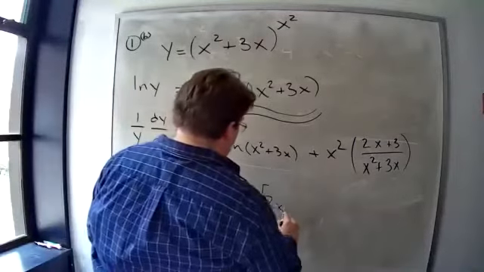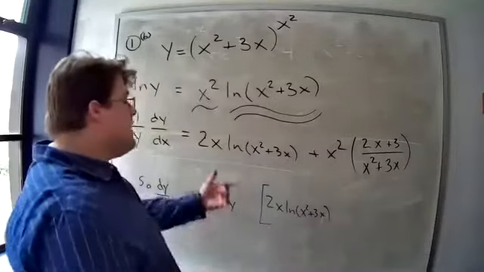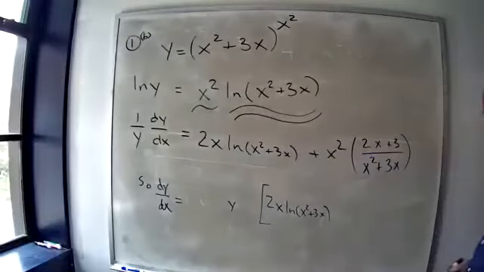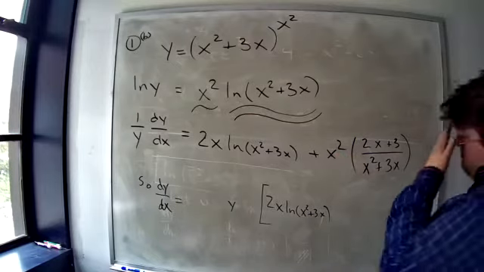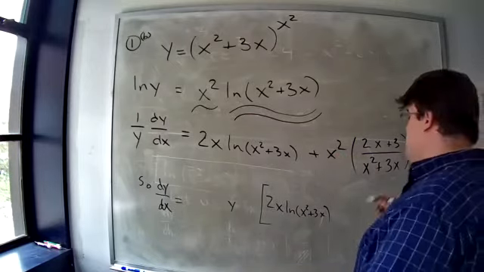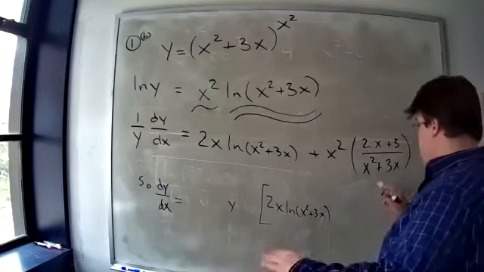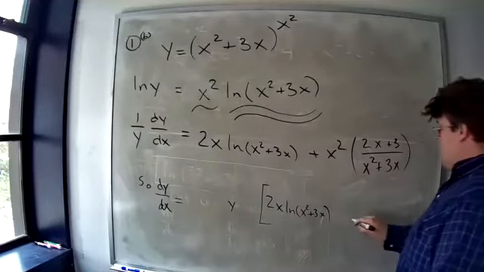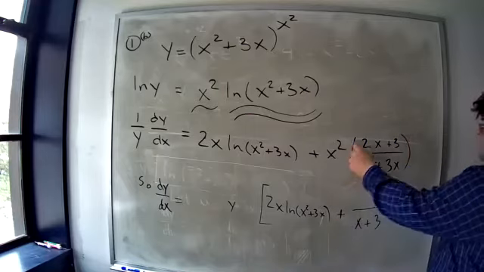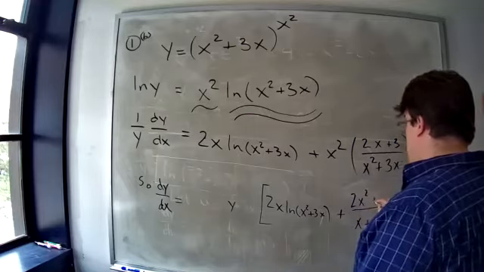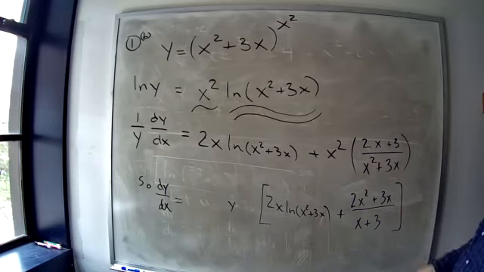Well, 2x log of x squared plus 3x. This second fraction actually does simplify a little because there's an x in this denominator and there's an x there. So I will simplify that. I mean, you don't have to if you don't want to, but I don't want x's all over the place, so I'll simplify. One of these x's cancels down here. You're left with an x plus 3 in the bottom. In the top, you have x times 2x plus 3x, 2x squared plus 3x.